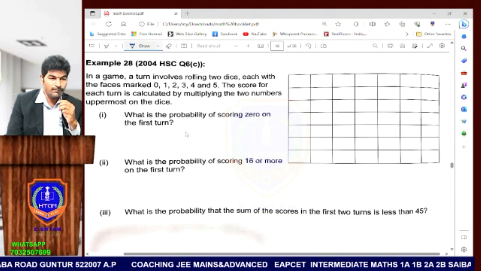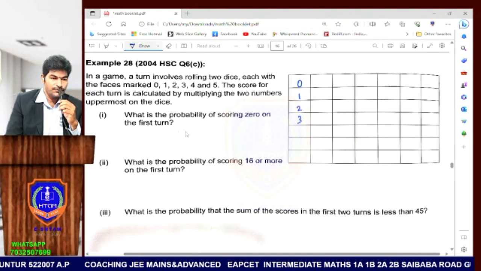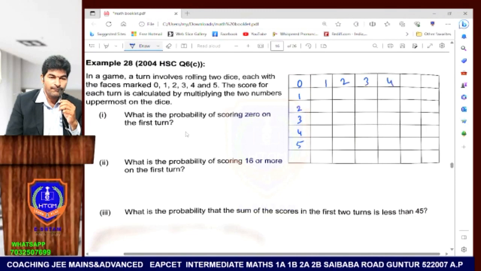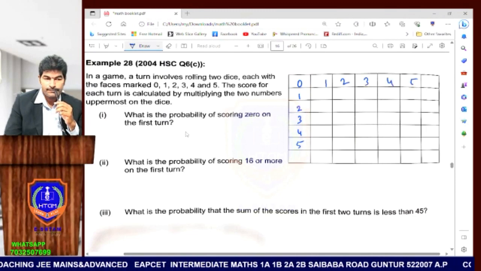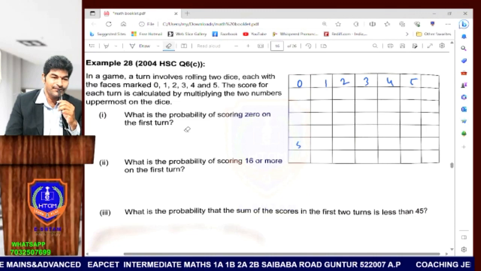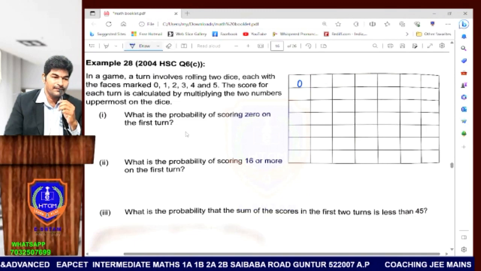The numbers given are 0, 1, 2, 3, 4, 5 on each die. So if it was like happening, the events are like the sample space.